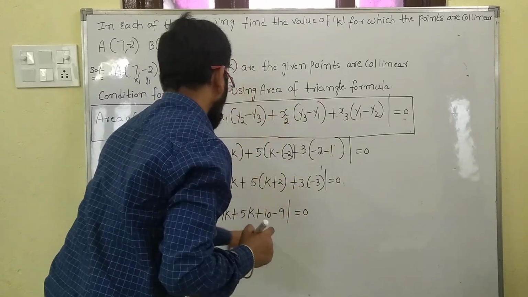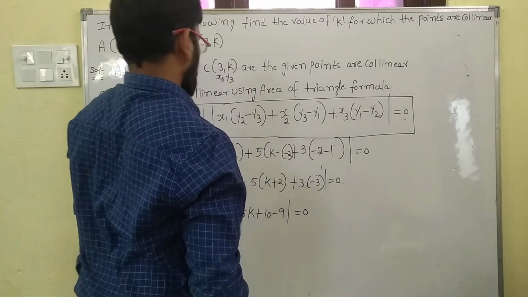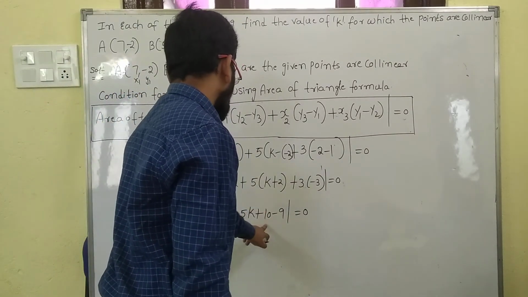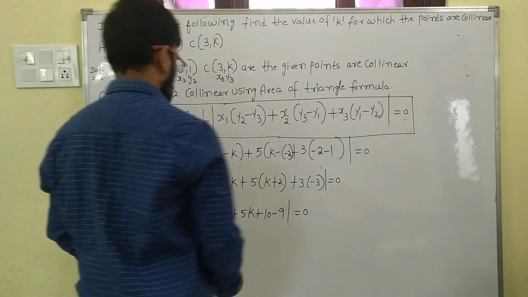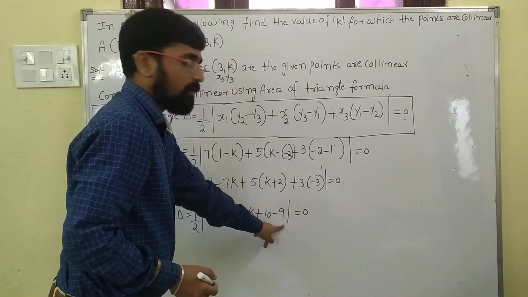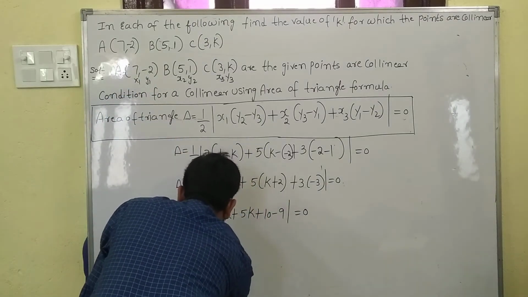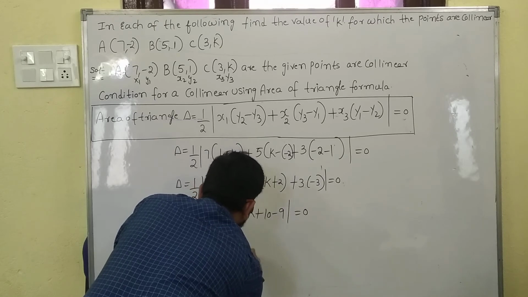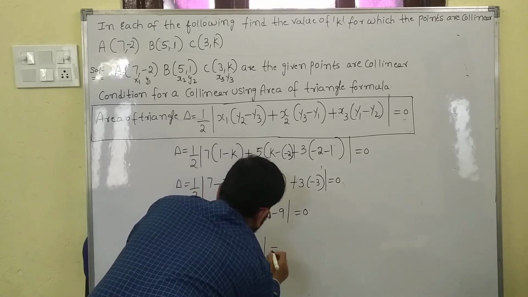So 5 twos are 10, 10 minus 9 is 1, 1 plus 7 is 8. So delta equals half into (minus 2k plus 8) is equal to 0.